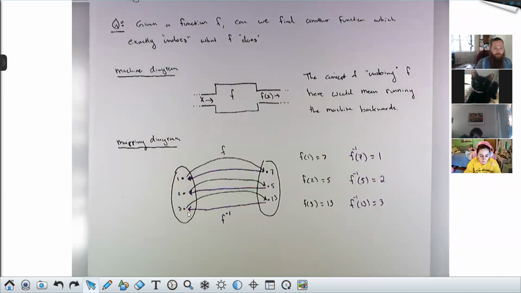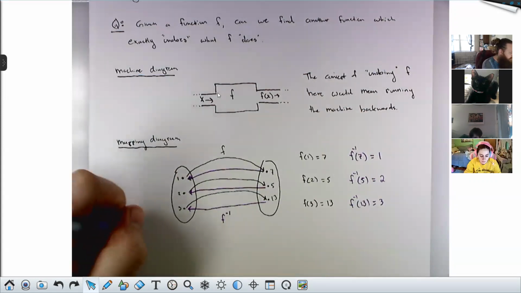So it's a little easier to visualize the inverse mapping in a mapping diagram than just saying run the machine backwards. But even better, the mapping diagrams allow us to investigate that problem I discussed a second ago.